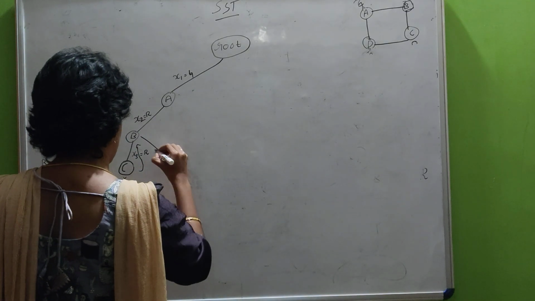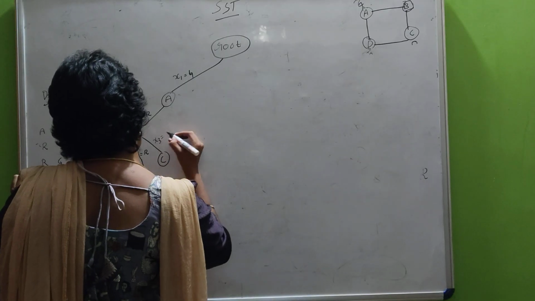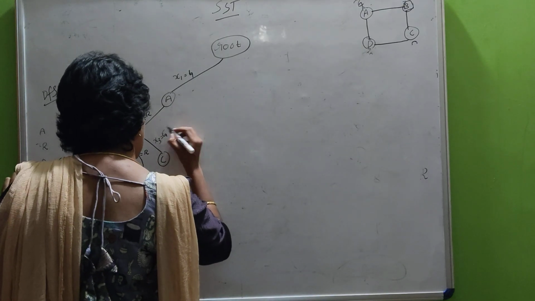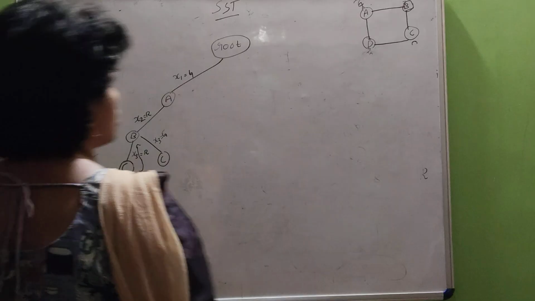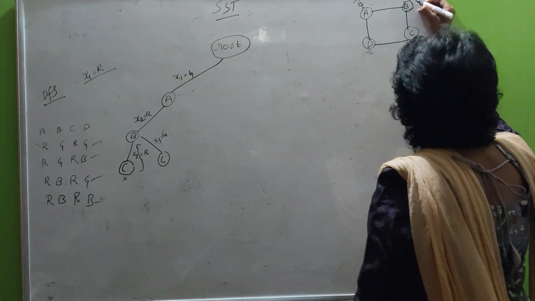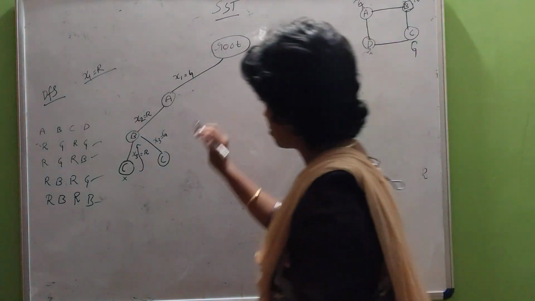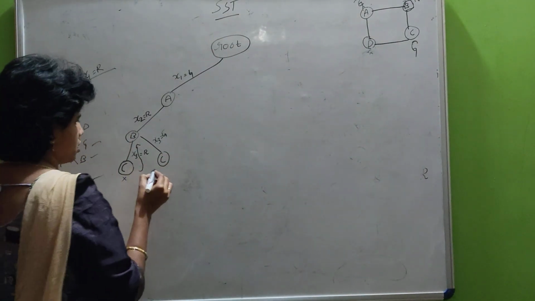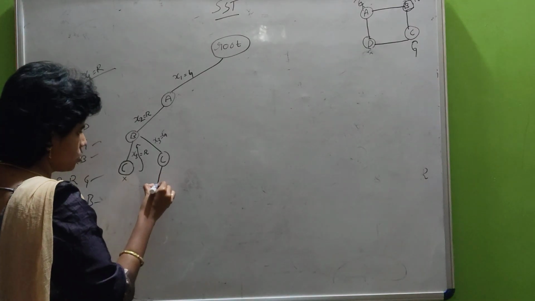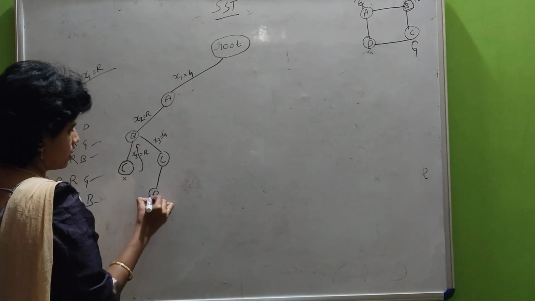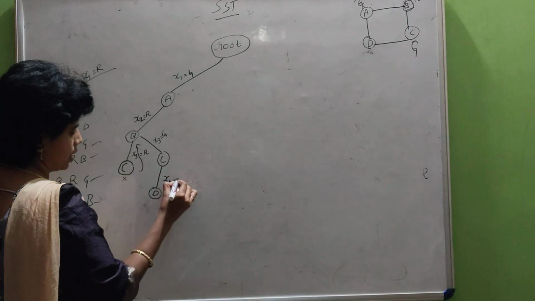Again C. x3 is equal to green. Now you can check out here. Now it is covered with red. Now it is covered with green. Is that accepted? Yes, it is accepted. So it is fine. Now you can go for D here. x4 is equal to red.